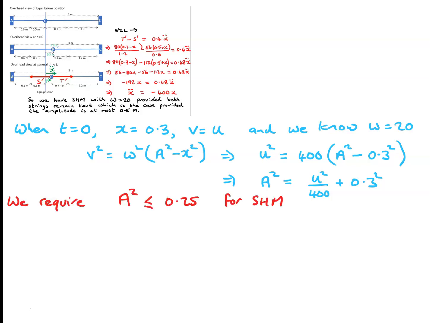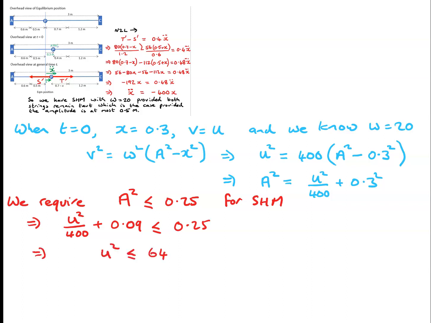But we just said that we needed a to be less than or equal to 0.5 for it to be proper SHM, with neither string going slack. So, in other words, a squared has got to be less than or equal to 0.25. So we've got u squared over 400 plus 0.09 must be less than or equal to 0.25.